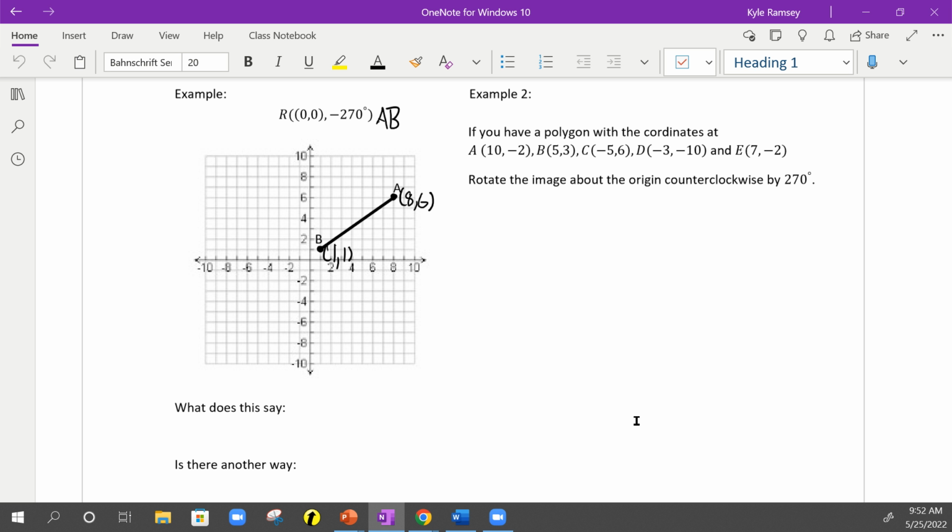Okay. So swapping 1, 1 turns into a negative 1, 1. And our B prime. 8, 6 becomes 6, 8. Take the opposite of the first, and we get negative 6, positive 8. That will put us right about there, and that is A prime. Whoa, that got a mind of its own there for a second.